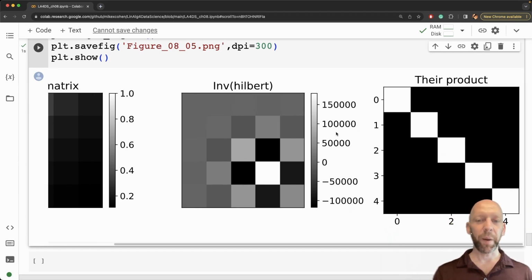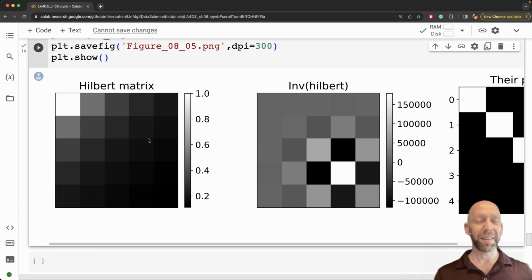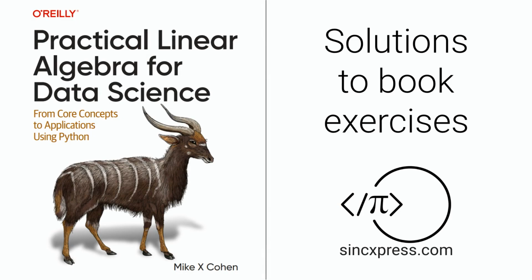Now, one thing you can already see is that the numerical values of the Hilbert matrix are between 0 and 1, but the numerical values of the inverse of the Hilbert matrix are huge. Look at this. It goes from minus 100,000 up to over 150,000. So the numerical range of the values here is way different than in the original Hilbert matrix. That is already a clue. It's already an indication that this is not a numerically stable operation.